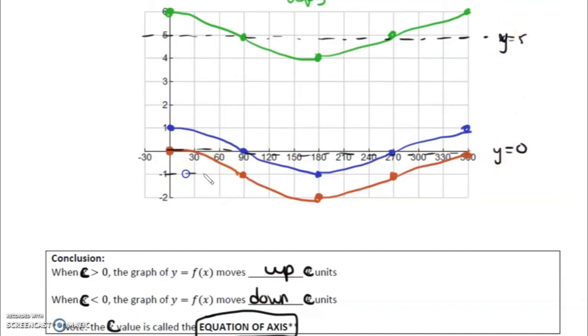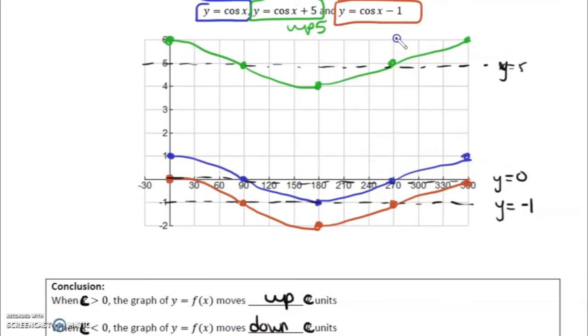And the equation of axis for the red graph, and it cuts it horizontally in the middle, that one's y equals negative 1. Okay, and those correspond directly to the C value. And of course, the original is cos x plus 0, technically.